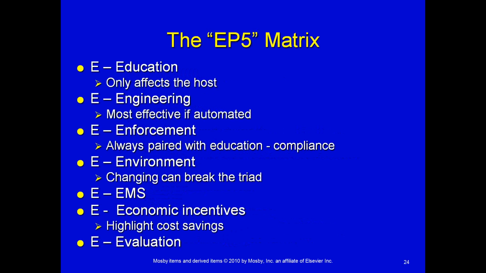EMS, we talked about the role of EMS and how important it is that we're actively involved in injury prevention initiatives. Another E is certainly economic incentives. There are some people that don't think it's ever going to happen to them, so they don't want to hear that part of the problem. They always wear their helmet.